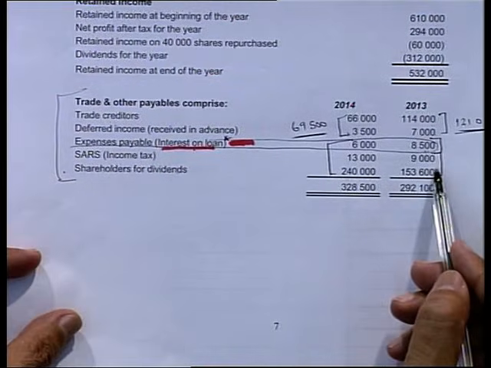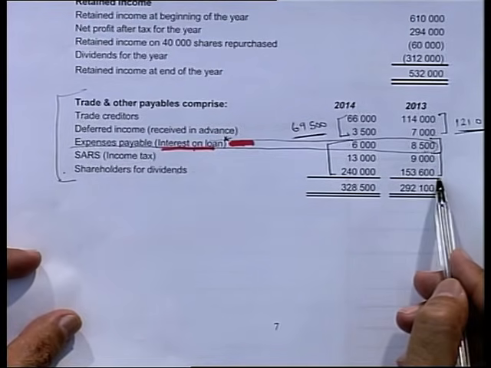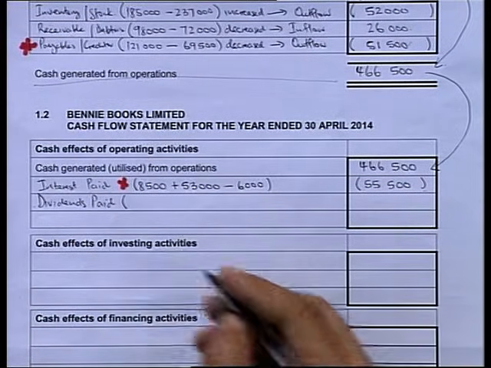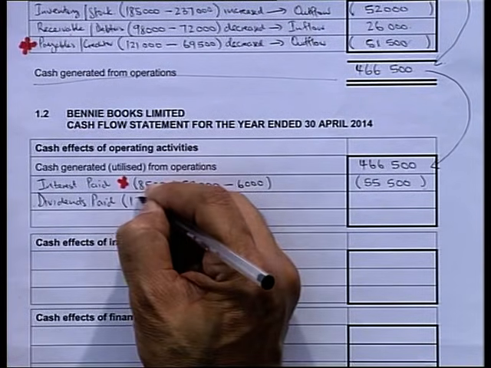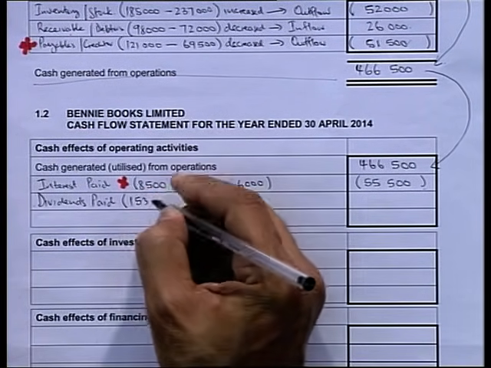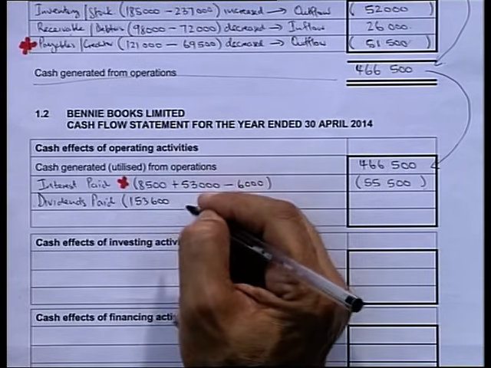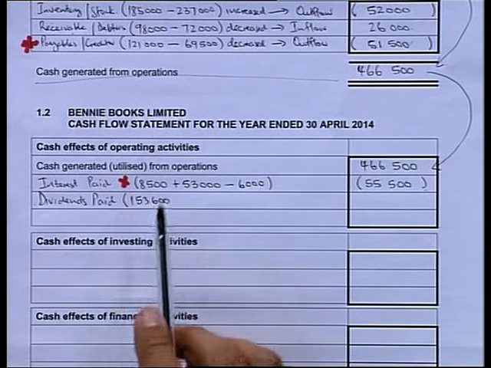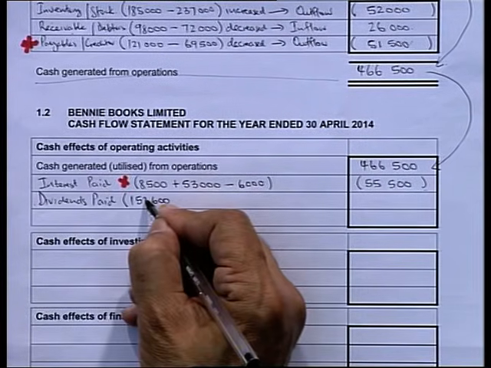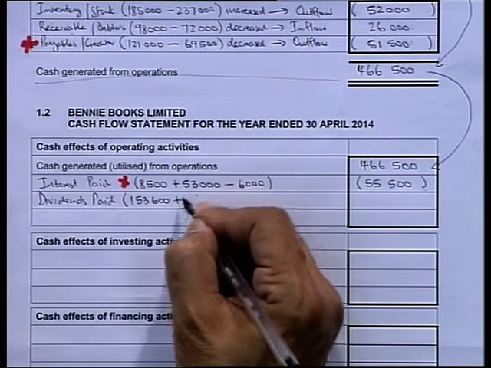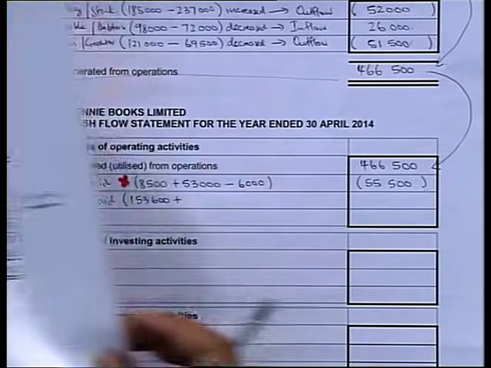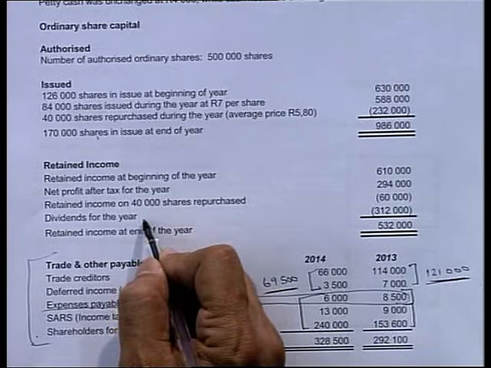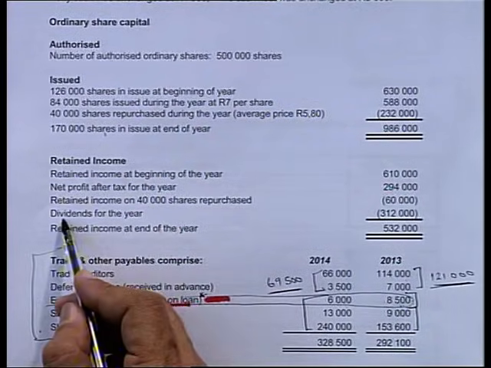So again, they're giving us a figure of last year. So we haven't paid that of last year. So my bracket will start with 153,600. So that will be the balance of last year that I will have to pay this year, together with any dividend that was declared during this year. So there we have a dividend in the note for retained income.